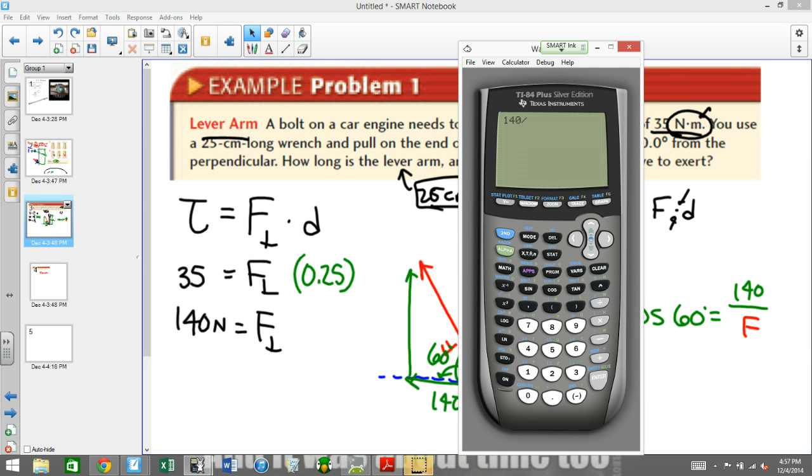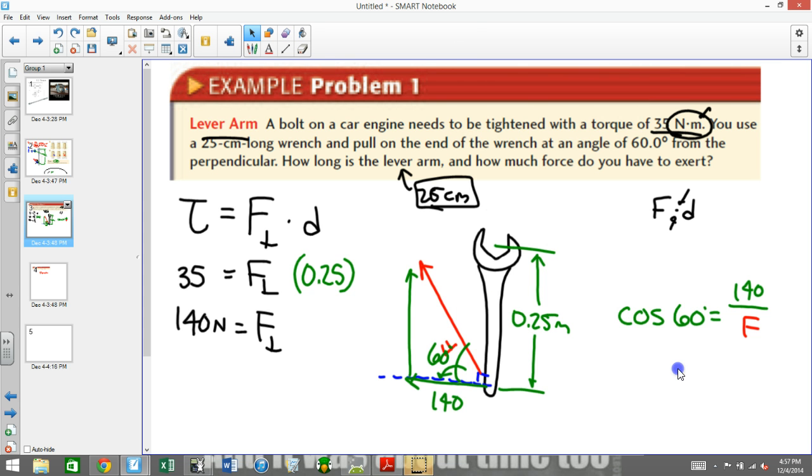Make sure I'm in the right mode now. I'm in degree mode, that's good. The cosine of 60, I get 280. So this force, F, equals 280 newtons.